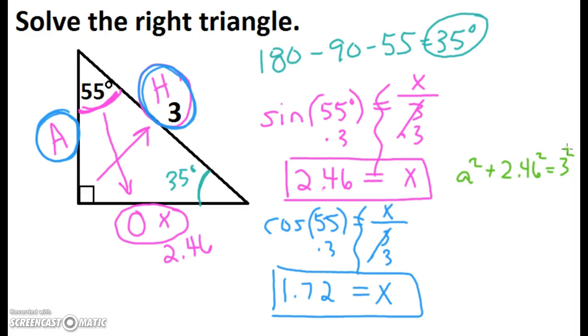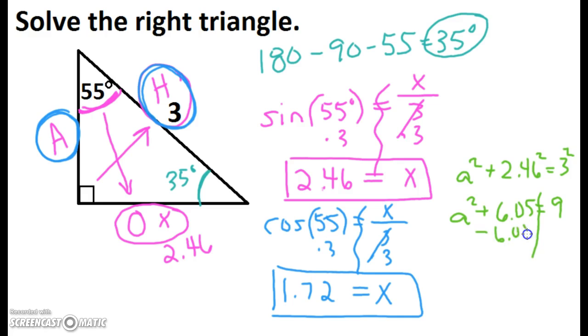All right, so whenever I square the numbers I know, 2.46 squared, I get a squared plus 6.05 equals, and 3 squared is 9.